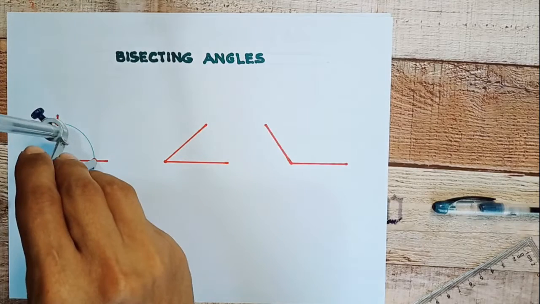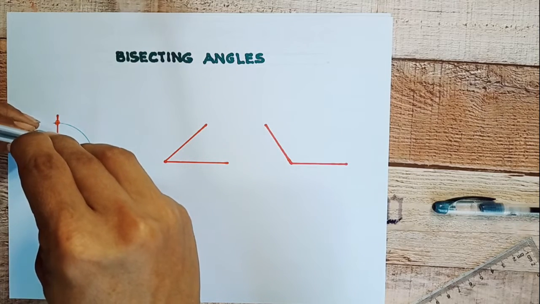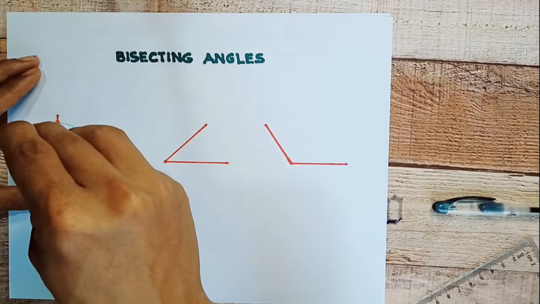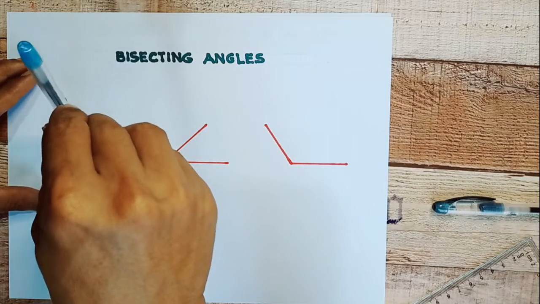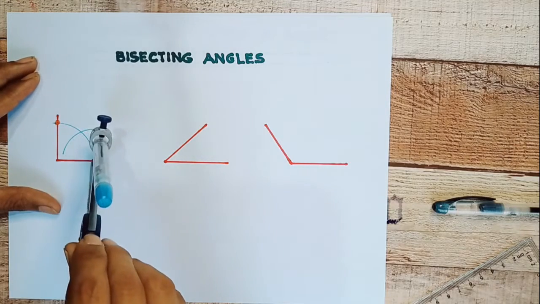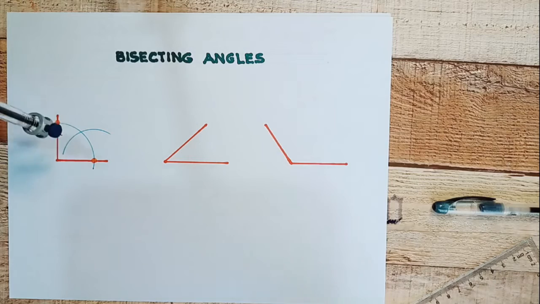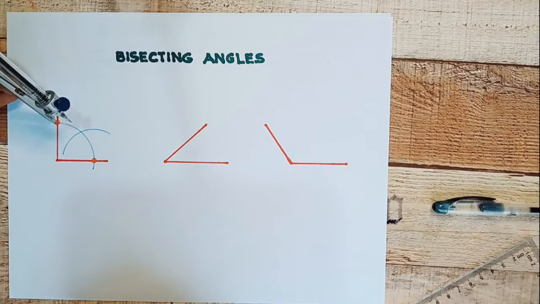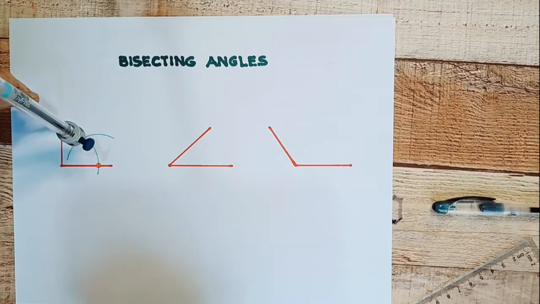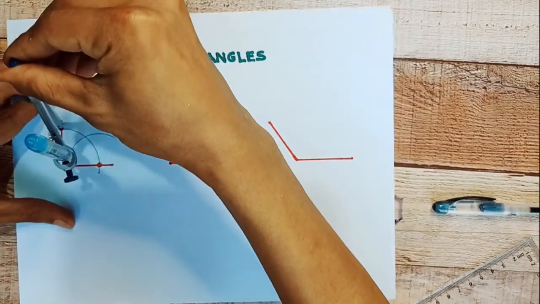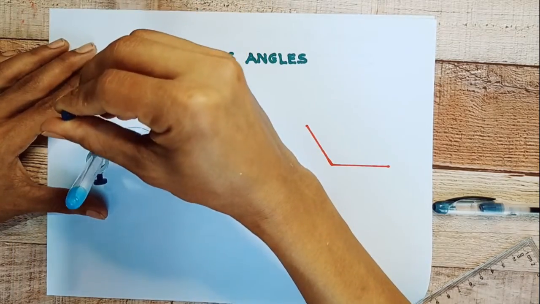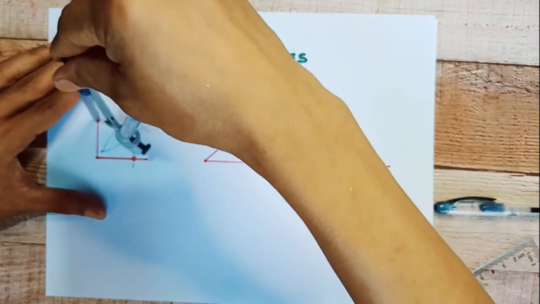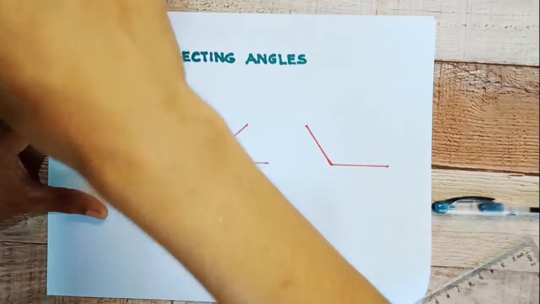Then again, we just draw an arc there. Just score an arc there, and over here as well. Then let's just draw an arc there.